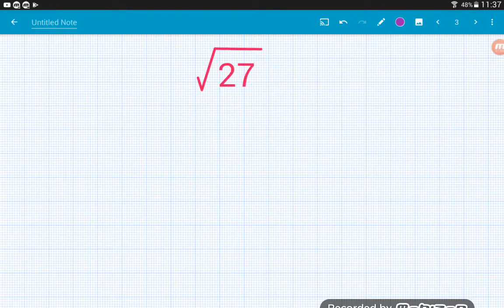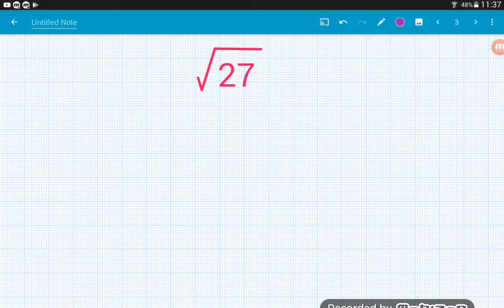Okay, so let's check out the first example then. Root 27. Now ideally, what we need to try and think of is a square number that goes into 27. So if we think about the factors of 27, we're quite limited. We've got 1 and 27, or we've got 3 and 9. Which is really useful to us because 9 is a square number.